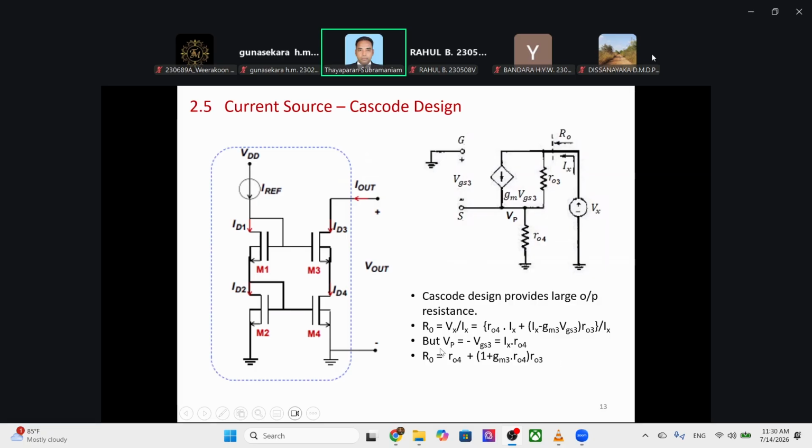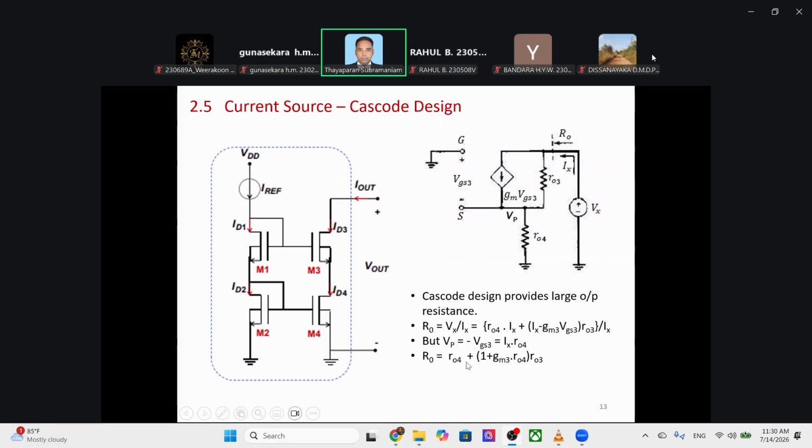So at this point, the potential is VGS3 minus VGS3, which is Ix into Rout4. Therefore, Rout becomes, we can simply substitute, Rout4 plus 1 plus gm3 Rout4 into Rout3.